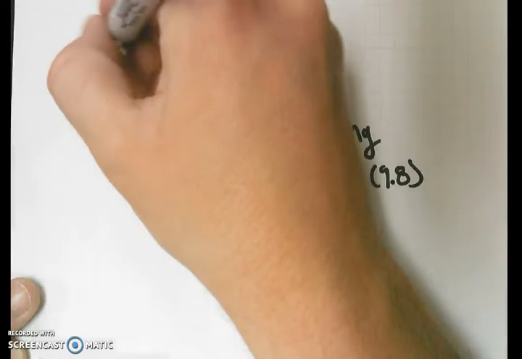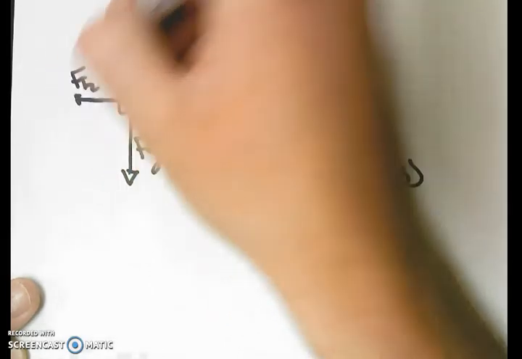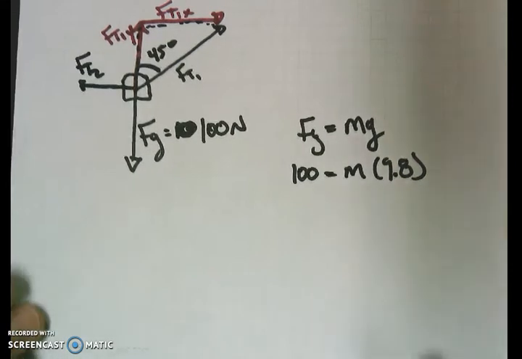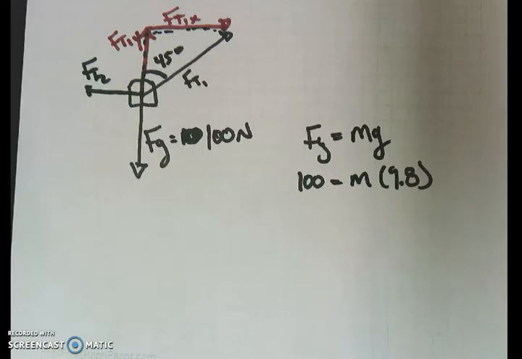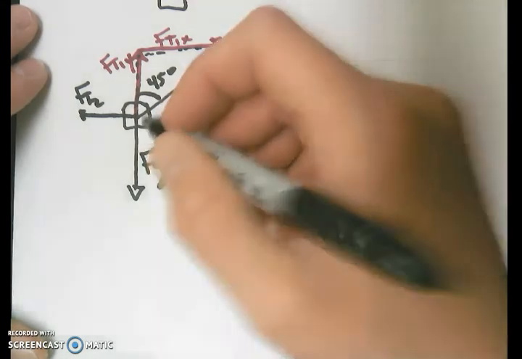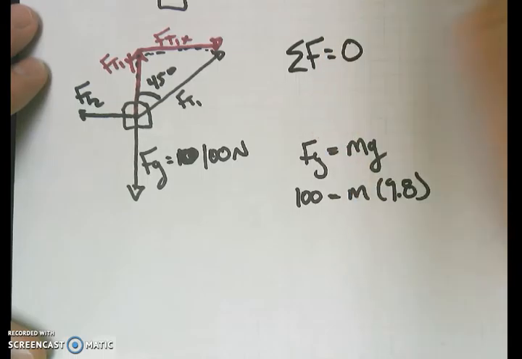And we'll call this one Ft1y because that's the force of tension in the y direction. And so I don't have any other numbers other than this, but I have one more thing that I can work off of. If you guys remember, we know that this object should be at rest, which means the sum of all of the forces will be 0. They'll all add up or they'll all cancel out.